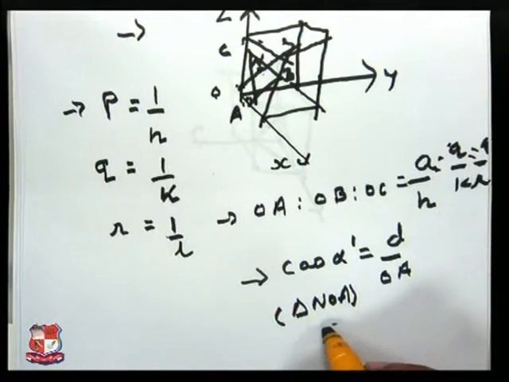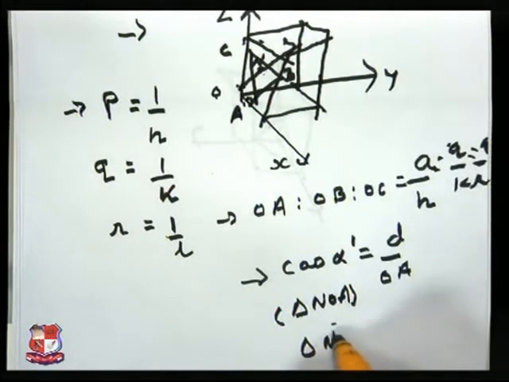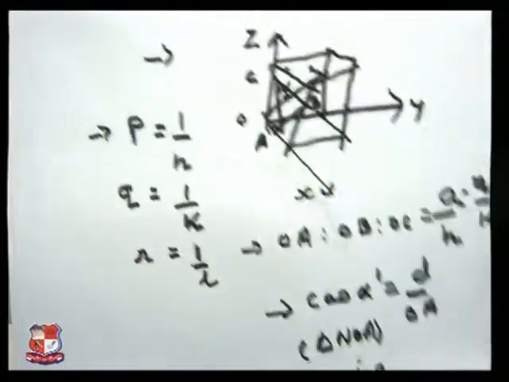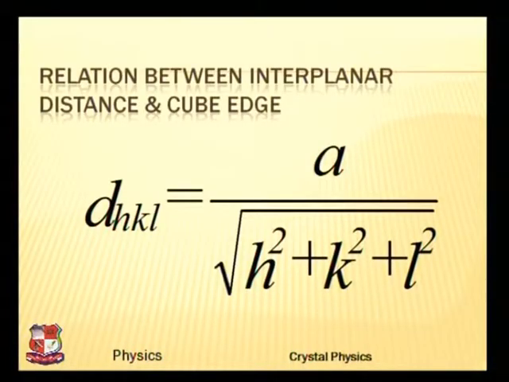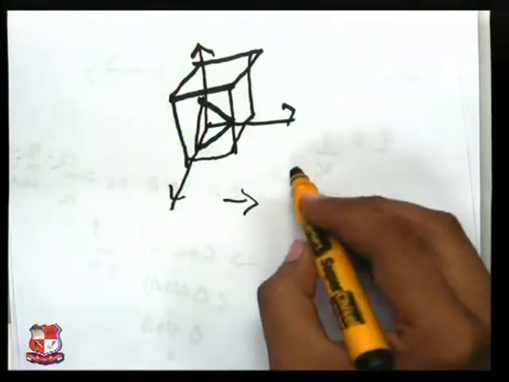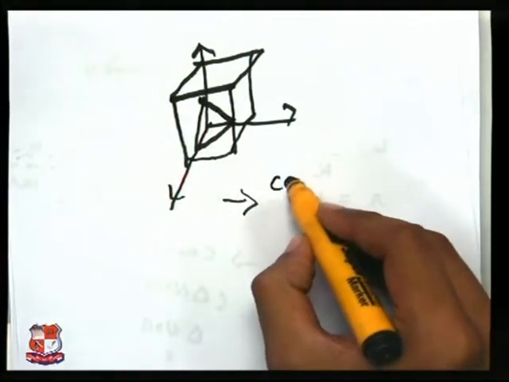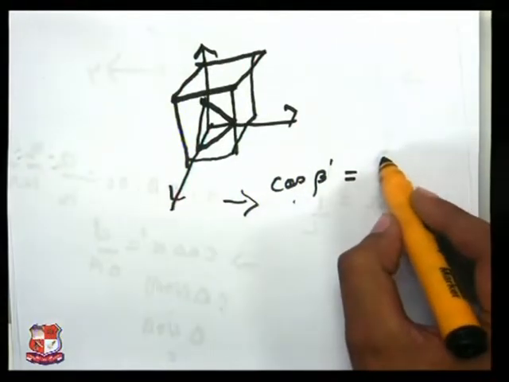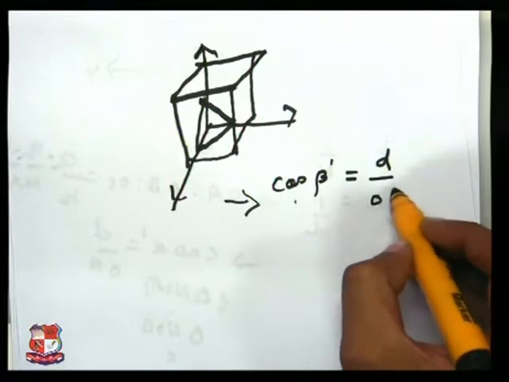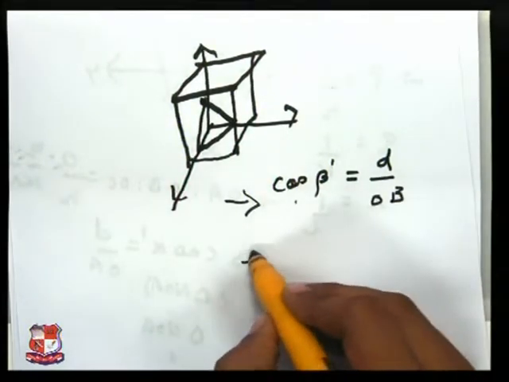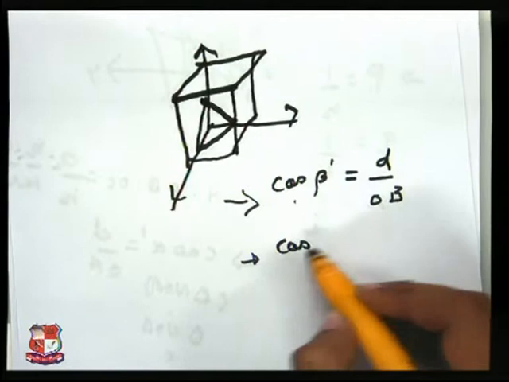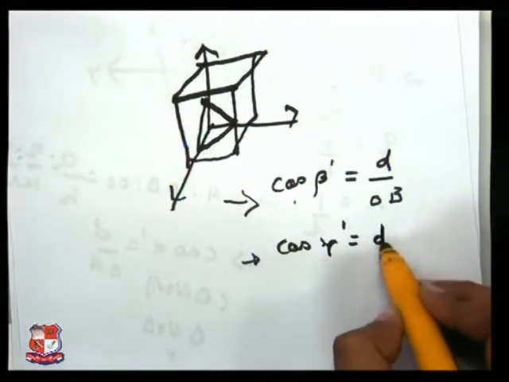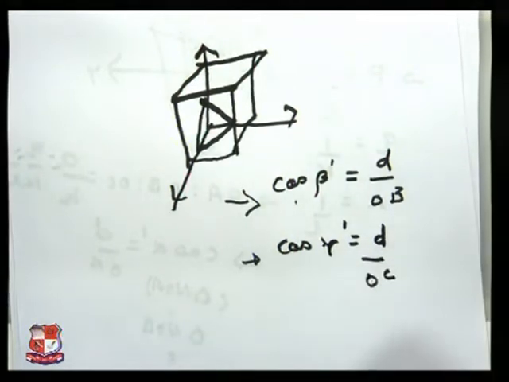In the same manner, for triangle NOB, I take the angle cos beta dash, which will be equal to d upon OB, and in the same manner cos gamma dash, which will be equal to d upon OC.